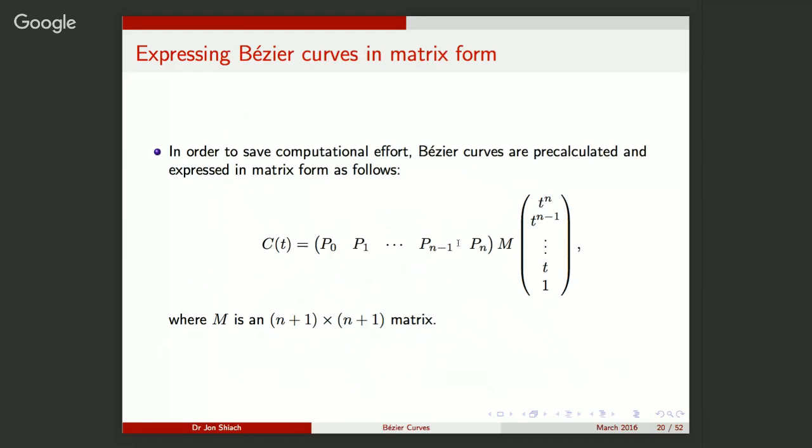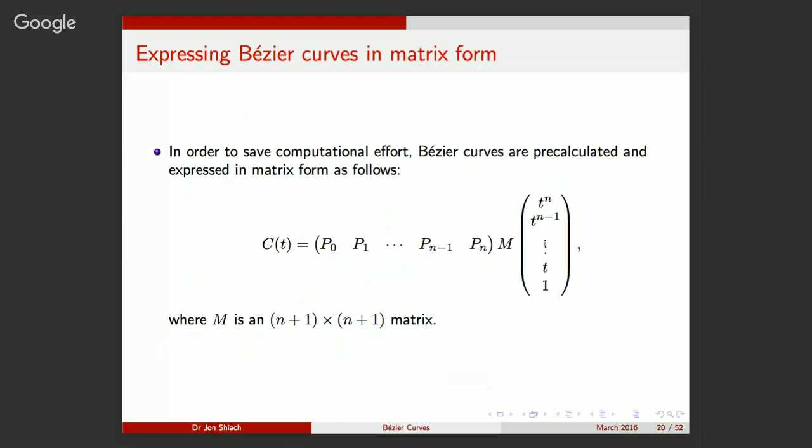In 2D space, this will be a 2 by n matrix. Imagine these are all column vectors: P0 with x and y, P1 with x and y, etc. M is going to be an n+1 by n+1 square matrix, depending on the degree of Bezier curve you have.